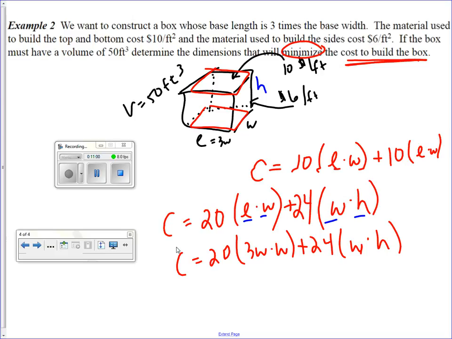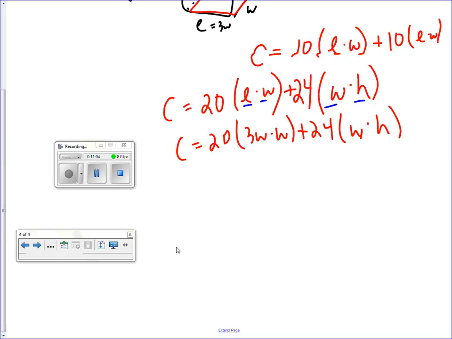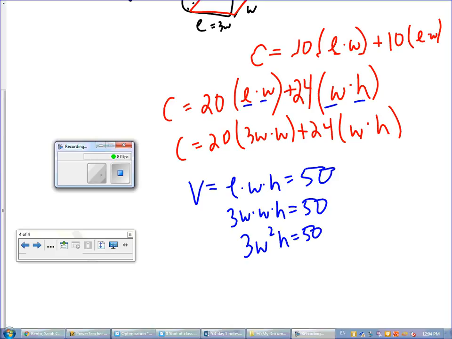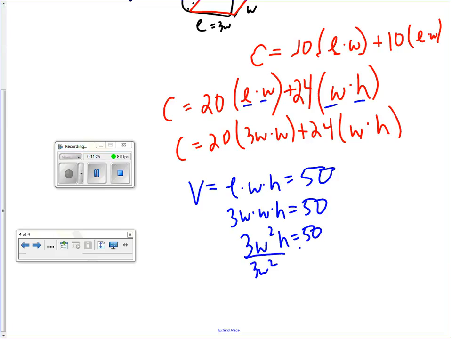But I still have an H in there, so I need my secondary equation. My secondary equation is going to be the fact that the volume, which is length times width times height, is constrained at 50. I already know that L is 3W. And so 3W times W is 3W squared. It'd be a lot easier to solve this for H than for W, so that's what I'm going to do.